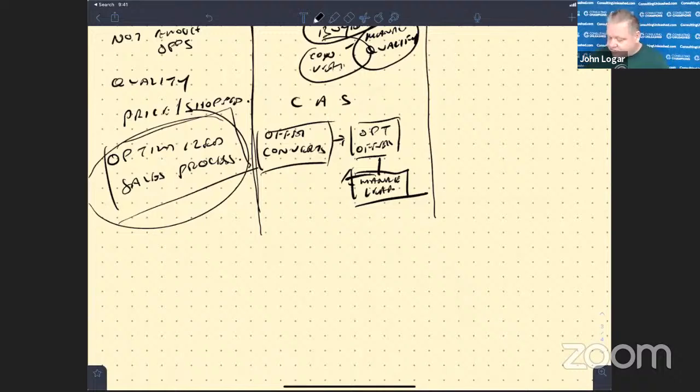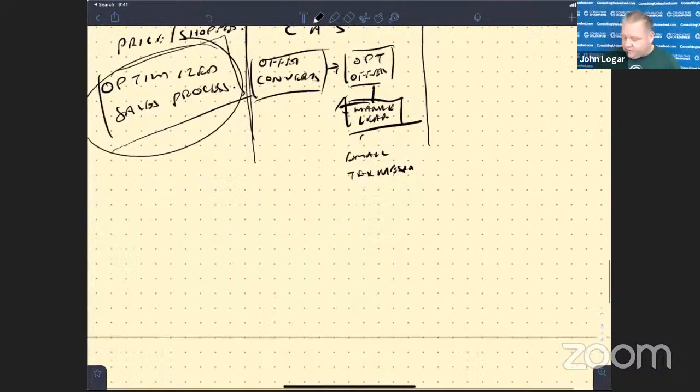This lead management system might send an email. It might do a text message. What else might it do? It might do a voice connect, a call connect. You might have a system that records a phone call.